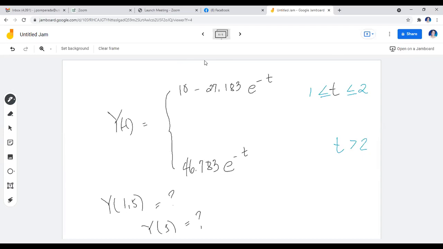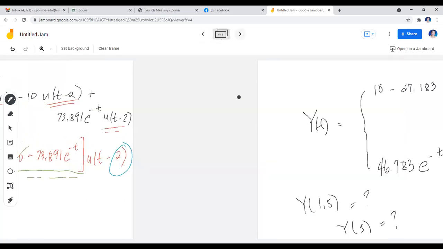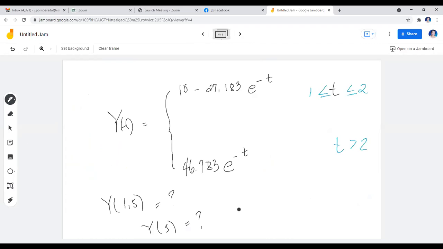So you have to convert your response equation in this form to this form. That way you can appropriately write the correct set of expression we're going to substitute your time. That's it. So this is how you determine the response of a pulse function using Laplace transformation.